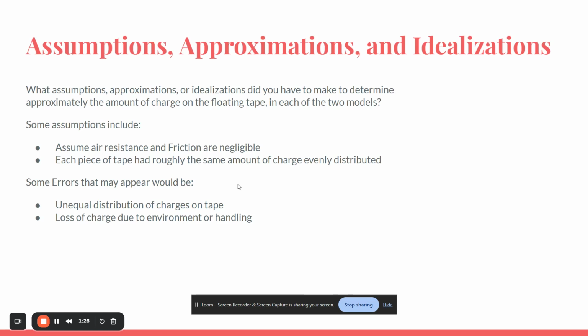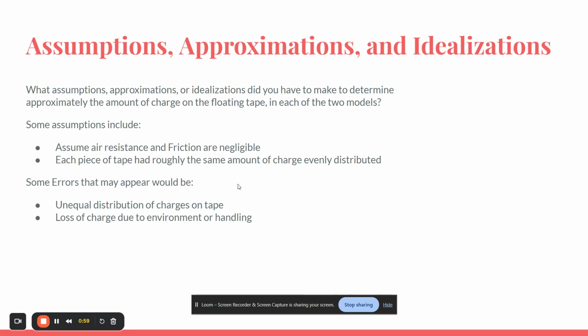So, some assumptions, approximations, and idealizations that were made. We included the assumption that air resistance and friction are negligible, which is not necessarily going to be true all the time in a real world situation. We also assumed that each piece of tape had roughly the same amount of charge, evenly distributed, which also may not be true in most cases.